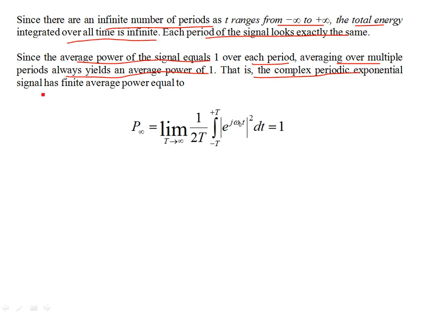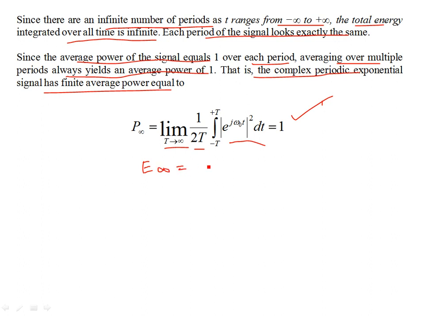That is, the complex periodic exponential signal has finite average power. So if you integrate this from minus T/2 to plus T/2, and take the average, considering all the cycles, the average power stays constant, that is 1. Okay, but the energy E infinity is infinite.